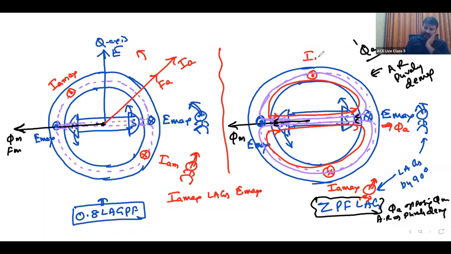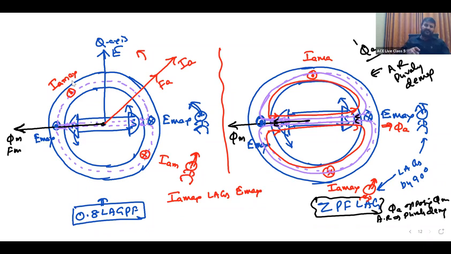In the same way, you can also check for ZPF leading. For ZPF leading, what is going to happen? Cross will be on the top of the conductor and at the bottom side of the conductor it will be dot. Blue color is voltage, red color is current, both rotating counterclockwise. The red current lags the blue voltage.